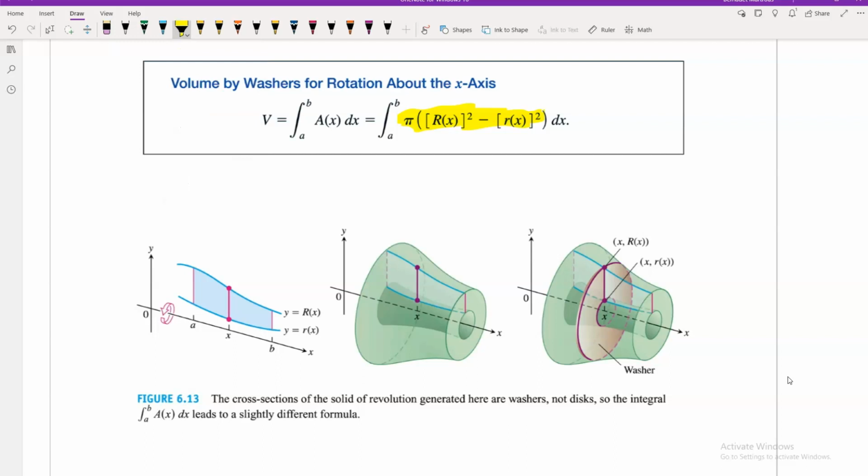So here we have a washer instead of a disk, because there's a hole.